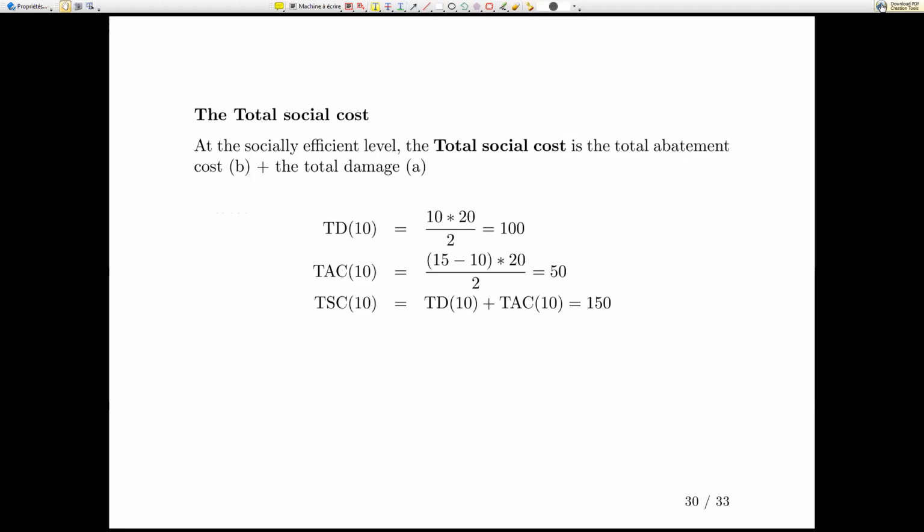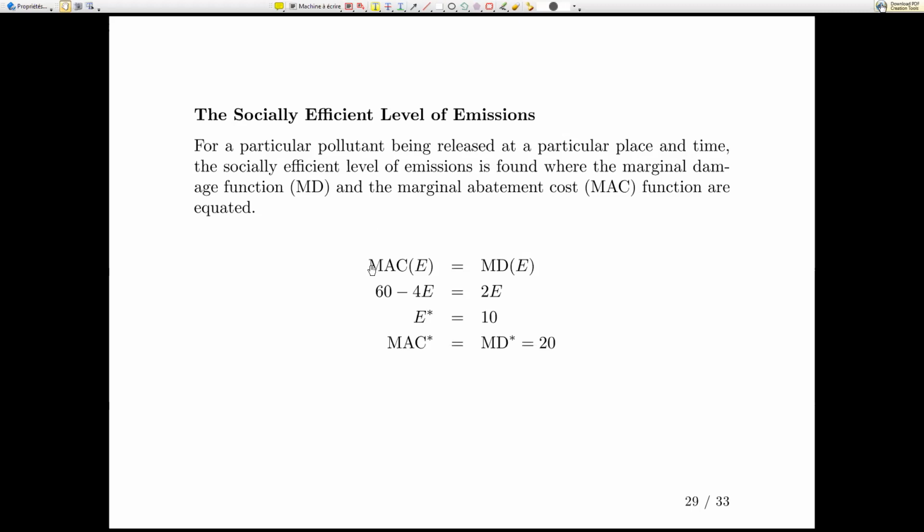Yeah, that makes sense. Okay, something though that you have to know is, if you have the marginal abatement cost, then what is the total abatement cost?